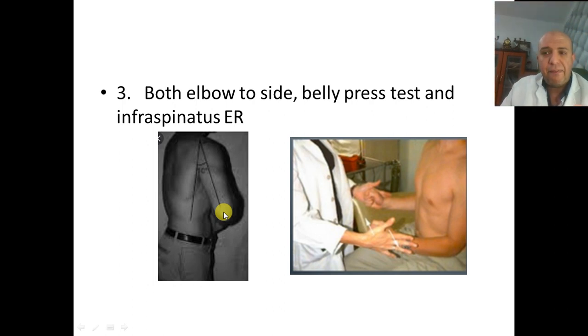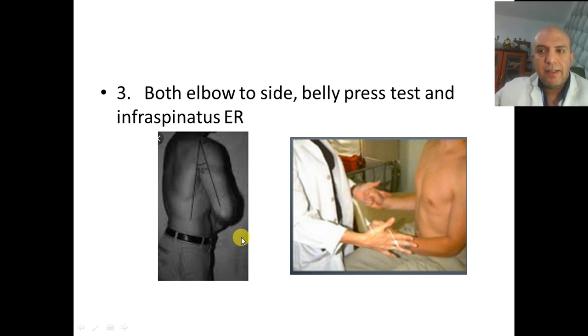The fallacies decrease once you make his elbow in front of his trunk. So the abdominal press belly test is done in that way. This is an internal rotation. This is for subscapularis.